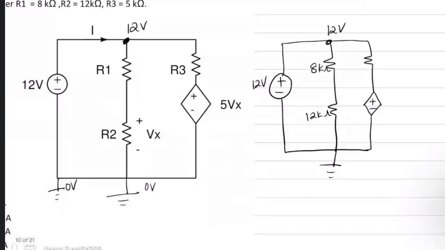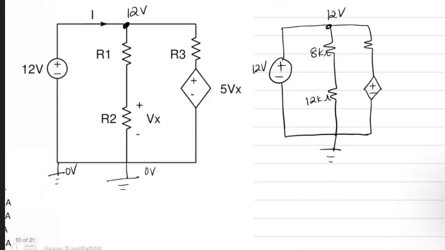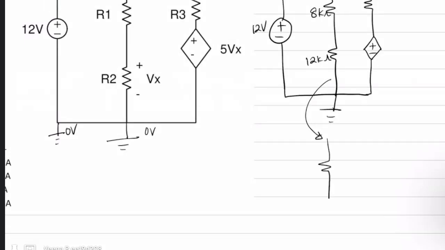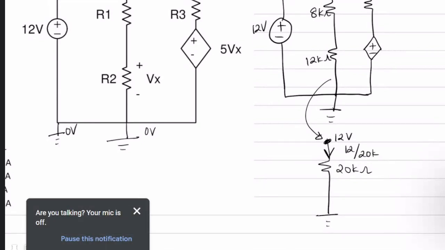If you look at both resistances, the potential drop across them is 12 volts. That means this is a combination of 8 and 12 in series, which is 20 kilo ohm. So across 20 kilo ohm, the voltage is 12 volts with higher polarity at the top. So the current through this 20 kilo ohm will be in this direction, and the value is given by 12 by 20k. That is 12 divided by 20 comes out to be 0.6 milliampere.